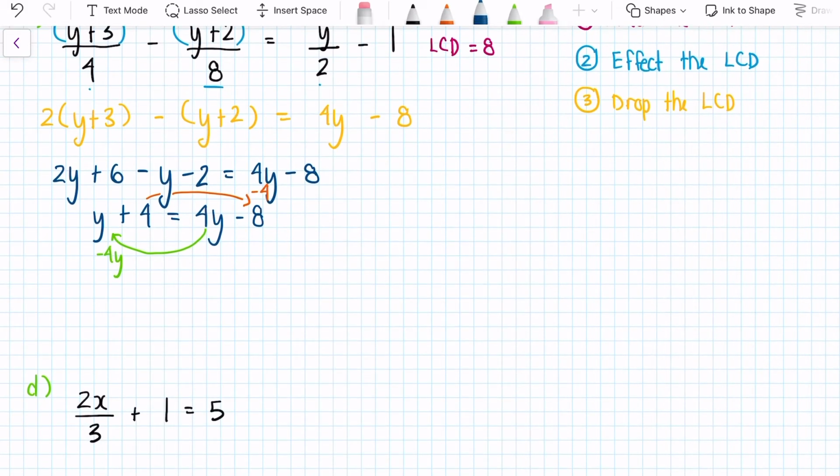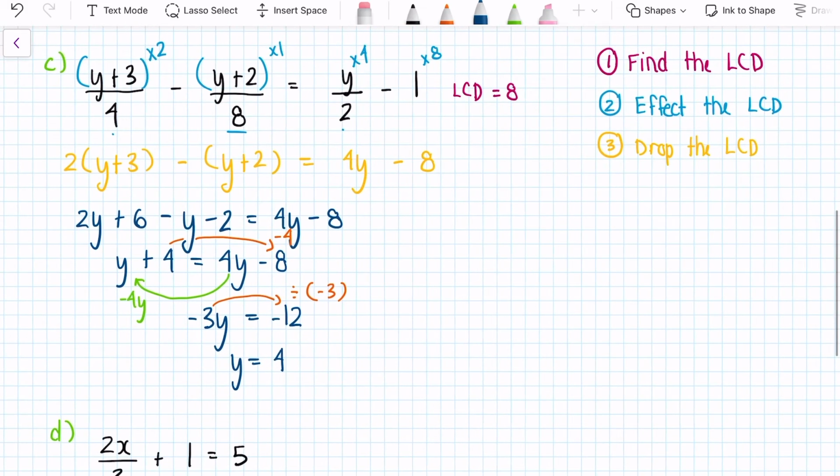And what I end up with is negative 3y equals negative 12. I'm still not done because I have this negative 3 in my way, so I have to divide by the negative 3. And that gives me y equals negative 12 divided by negative 3, which gives me positive 4.